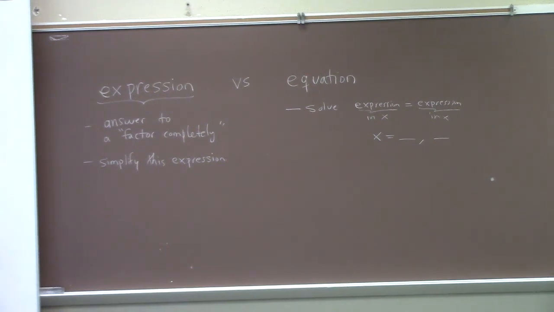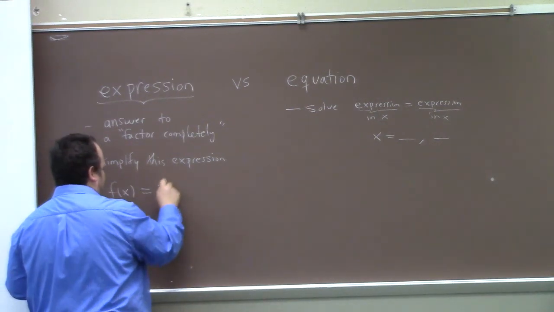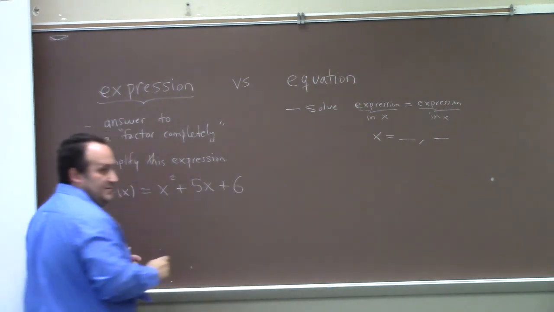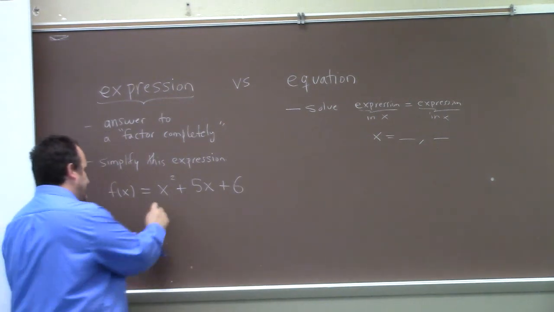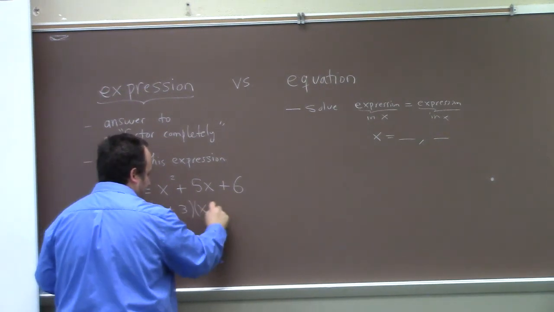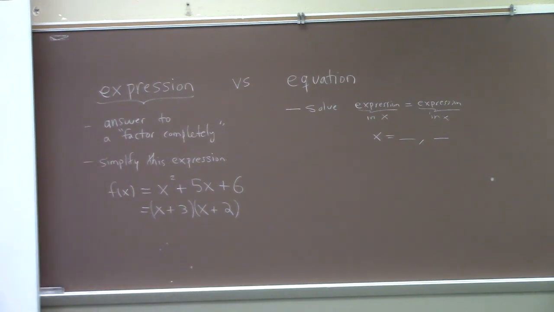Like, for example, I have f of x equal x squared plus 5x plus 6, right? Factor completely. No need to complete the square here. We can use simpler things, right? Just garden variety factoring.